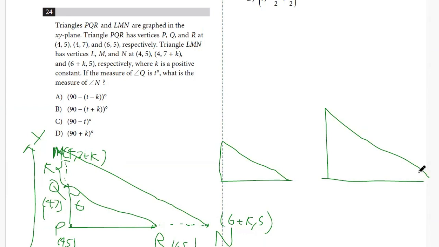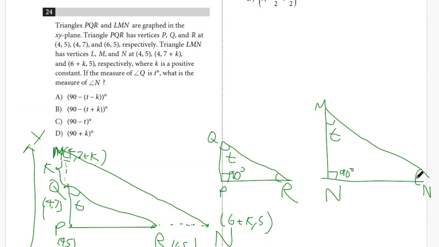So in order for me to get this N here, we know that the angle for N is the same as the angle for R, right? And we know that Q here is t, and this is a right angle here. So how do we determine N?